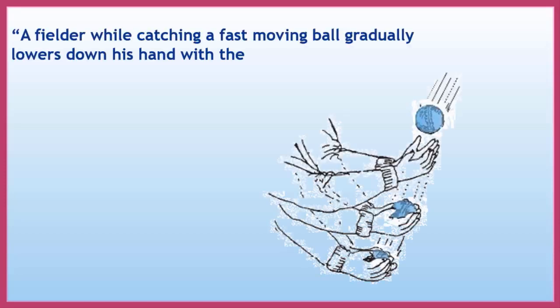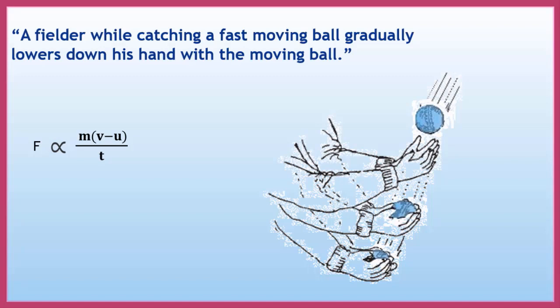Now what are the applications and what could be the important questions or situations which can be asked? First one: a fielder while catching a fast moving ball gradually lowers down his hand with the moving ball, as you can see in the picture. The fielder lowers down his hand to catch the ball. Why? Just remember this relation. Here you can see F is inversely proportional to time.